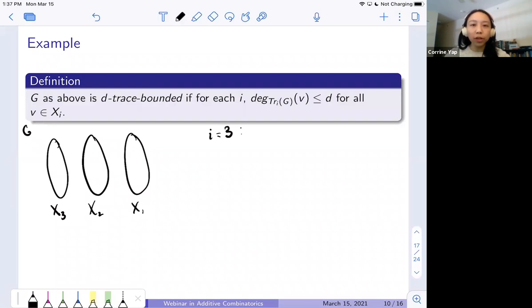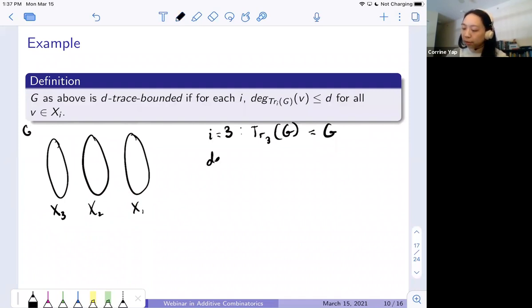Then I want to look at the ith trace. So what is the third trace of G? Well, that's just the projection of the edges onto parts X1 through X3. That's going to be all of G, the set of edges in G, because I'm just restricting all of my edges to all 3 parts. And my condition is that the degrees in the ith part are bounded.